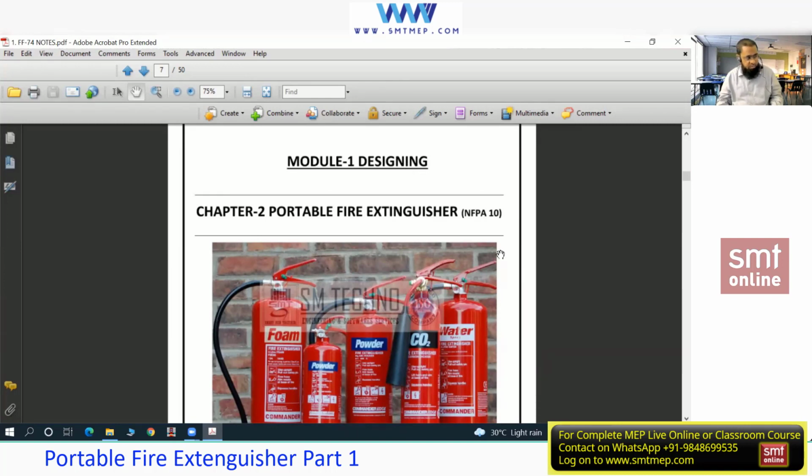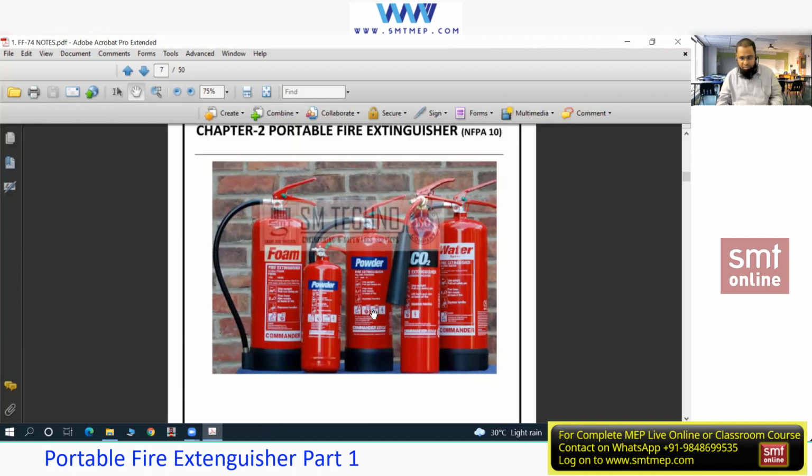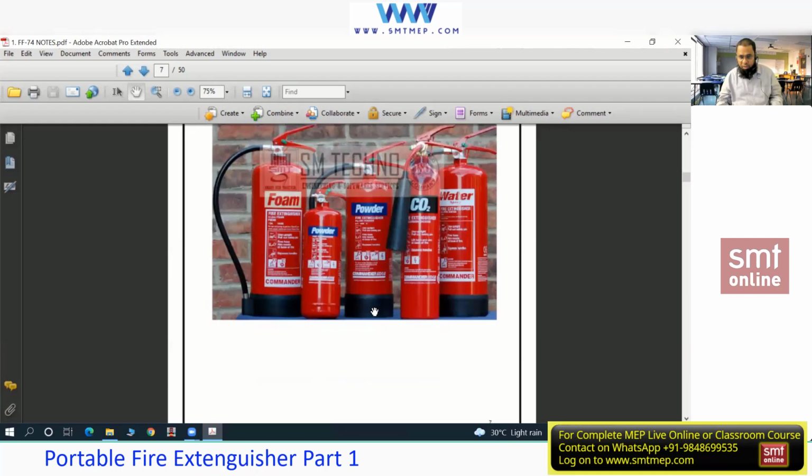In some lock rooms, or where we cannot access, or an auto option is required, you'll find the automatic type in portable fire extinguishers. But here on screen, these are all manual type, and you'll find the different types in this image. We'll discuss the different types and the purpose of these different types.